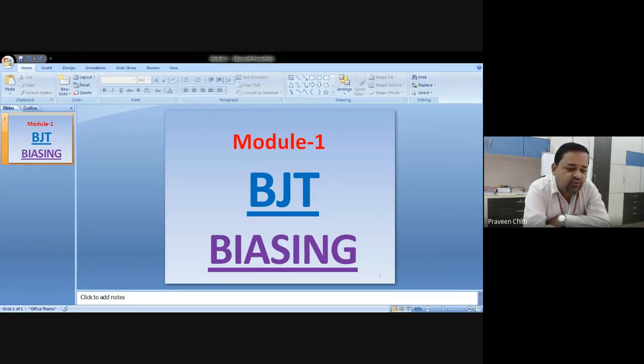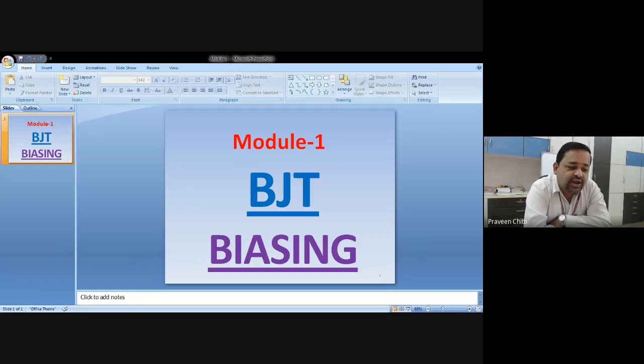Depending on what resistive elements we use along with a single power supply VCC, we have three different biasing techniques. In all three, we use a single power supply in the collector, called the collector supply VCC, and some resistive element to derive the required zero signal base current.